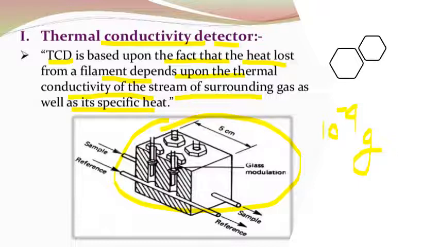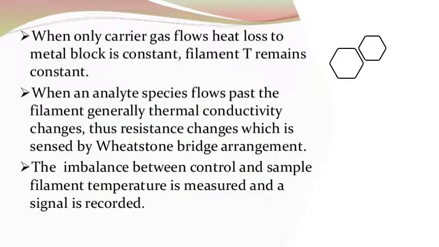When only the carrier gas flows, the heat loss to the metal block is constant and the filament temperature remains constant. No change occurs. But when an analyte species flows, it produces a thermal conductivity change.